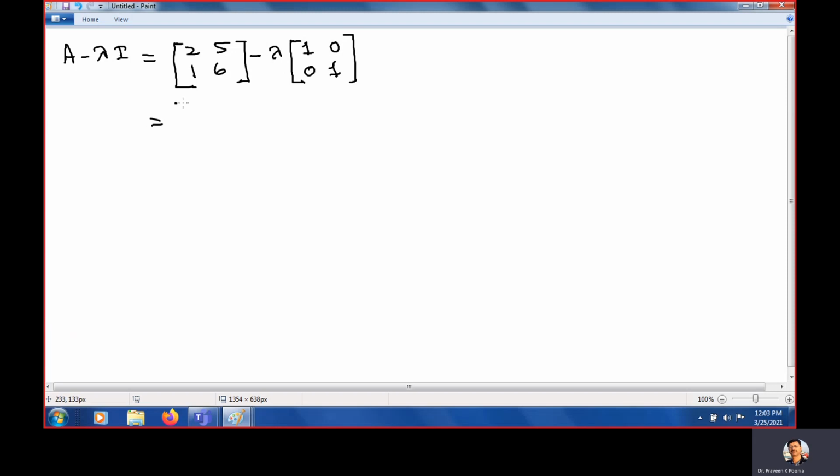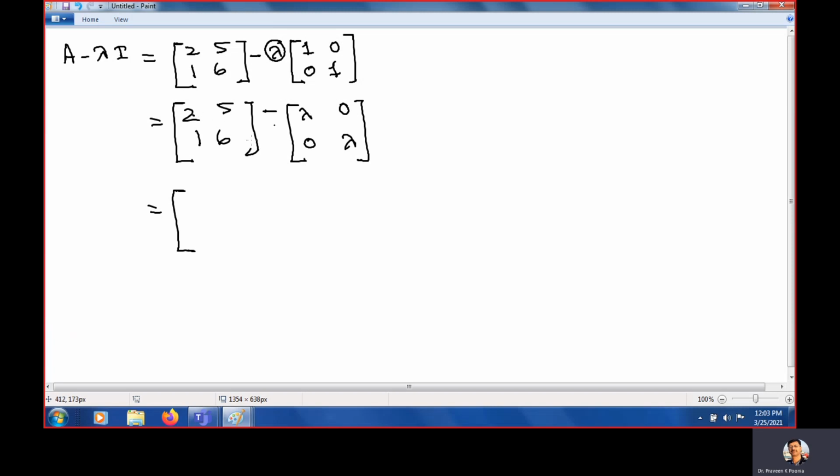You can multiply lambda inside: lambda into 1 is lambda, lambda into 0 is 0, lambda into 0 is 0, lambda into 1 is lambda. Now you need to subtract these two matrices: 2 minus lambda, 5 minus 0 is 5, 1 minus 0 is 1, and 6 minus lambda. Clear? This is the A minus lambda I matrix.